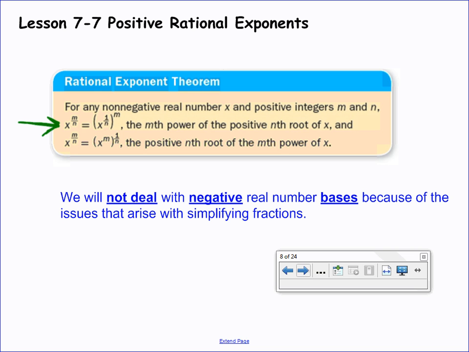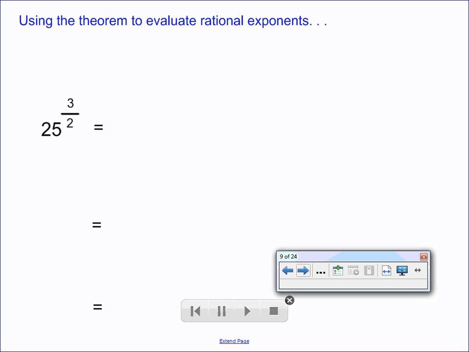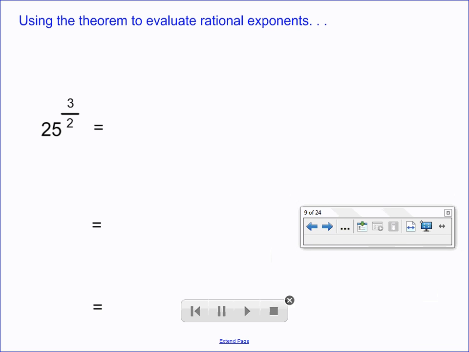Let's go ahead and see what this is going to look like for us. So we'll evaluate 25 to the 3/2, and the way we'll do it is by purposely choosing to apply my denominator as an nth root first, to chunk it down to a smaller value, and then I'll raise that to my numerator exponent second.